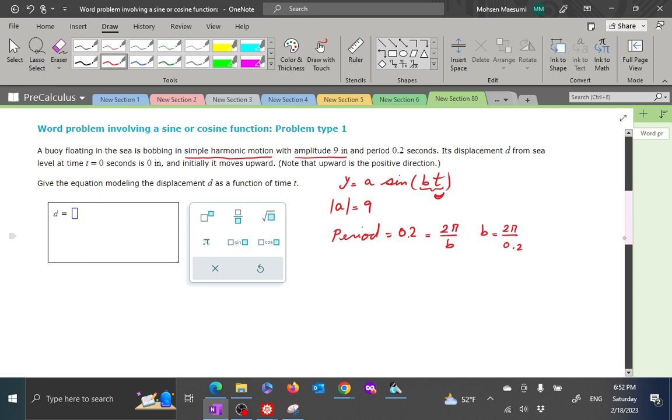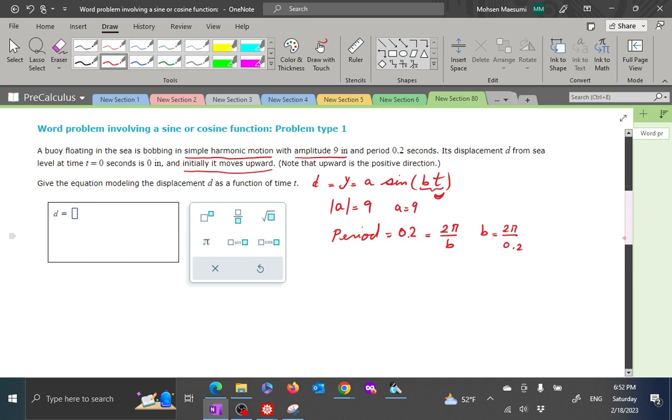We are also told that it is initially moving upward. If it is initially moving upward, a is 9 as opposed to minus 9. Instead of y, the letter d is used here, not to be confused with the d we had for the midline previously. Here d means the distance.